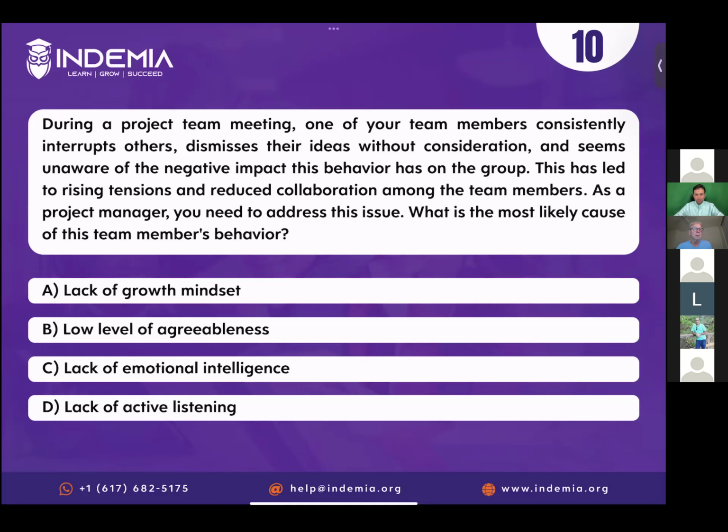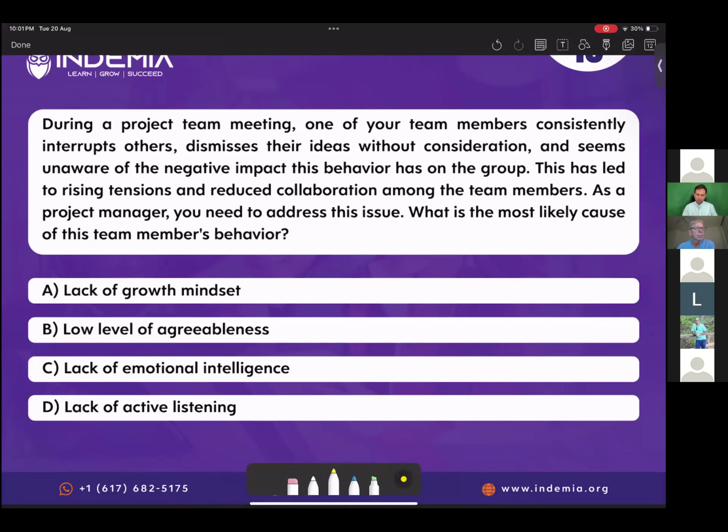All right, Mohan, you have chosen option C. Yeah, I picked the lack of emotional intelligence because that's active listening. It's EQ and IQ combined, right?